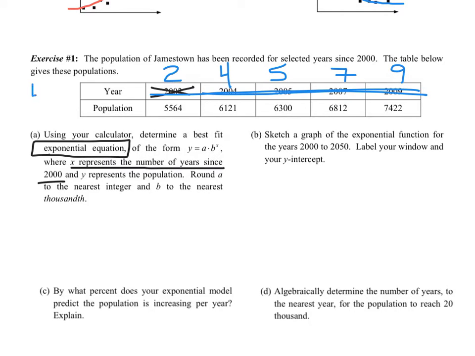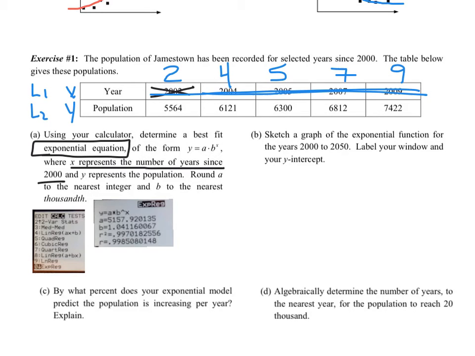So obviously again, L1, L2, this represents X, this represents Y. Let's go ahead and get that typed in our calculator. And it does say round A and B, round A to the nearest integer and B to the nearest thousandth. So this time, I'm not going to pick linear because it specifically asked for exponential. So as I scroll down, it looks like that's on my 0 key.